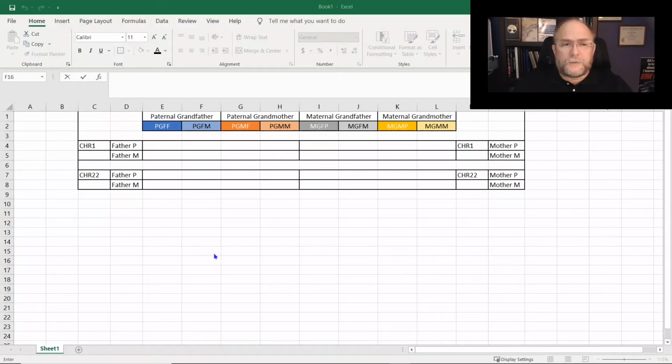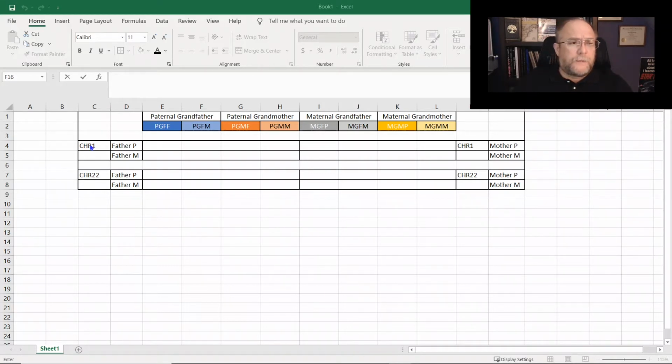So over here on the spreadsheet, your father would give to you DNA from your paternal grandfather and your paternal grandmother, and your mother would give from maternal grandfather and maternal grandmother, or basically your mom's mom and dad and your dad's mom and dad.